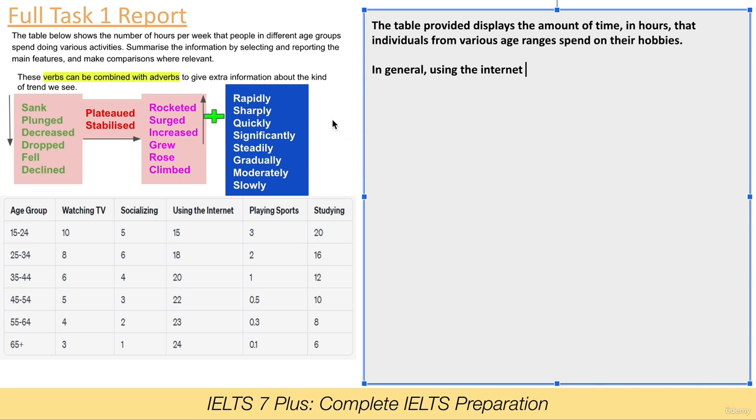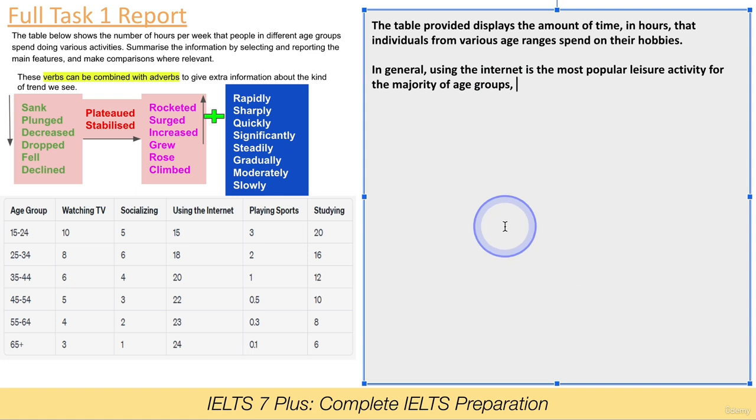Using the internet is the most popular way in which the majority of age groups spend their time. Using the internet is the most popular activity, or leisure activity, for the majority of age groups.